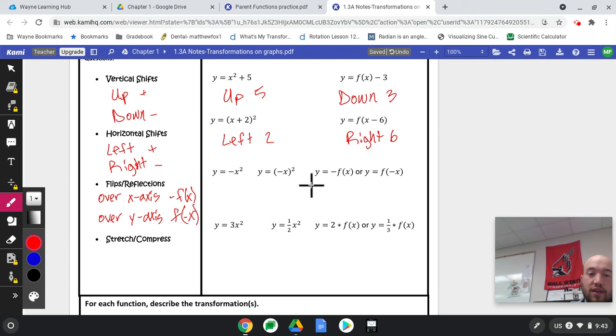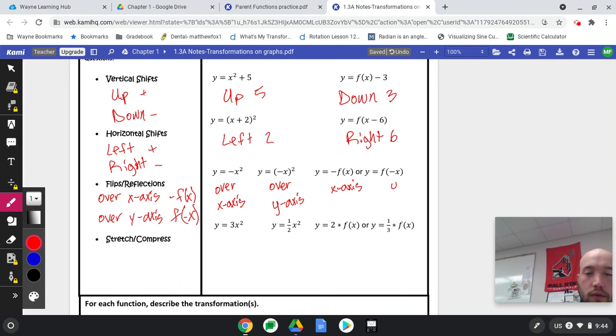For example, the quadratic, or the parabola, when it reflects over the y-axis, it won't actually look any different. So over the x-axis, over the y-axis. Same thing, x-axis, y-axis.